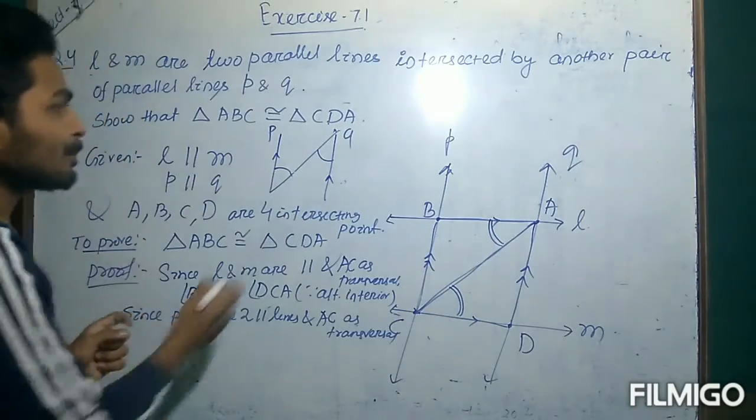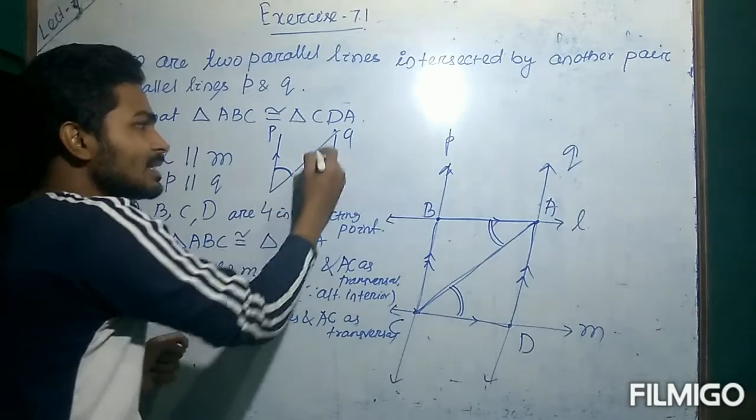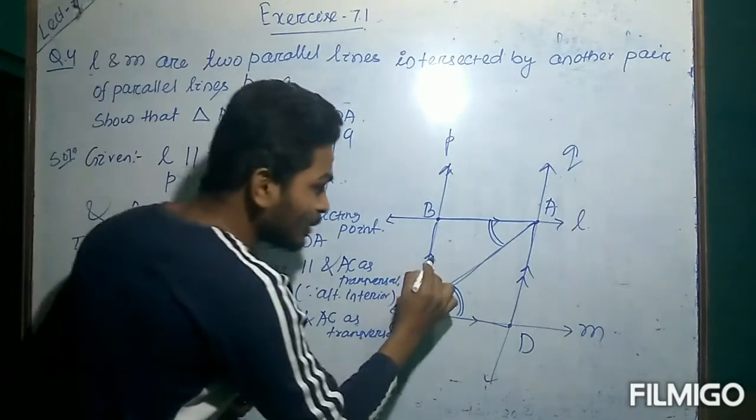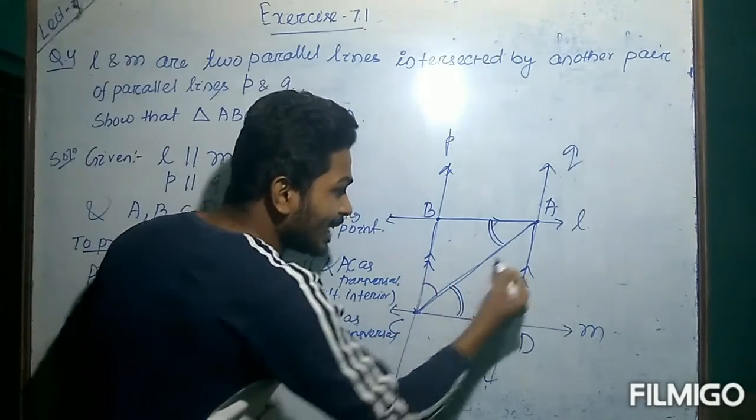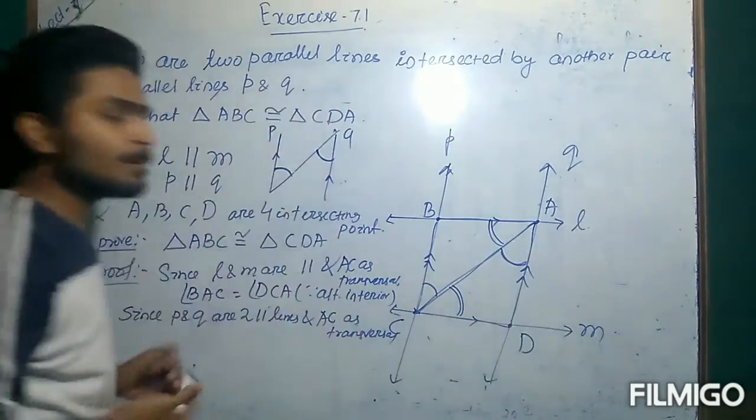Then can we say that this angle is equal to this angle, if these two are parallel lines and AC is the transversal?